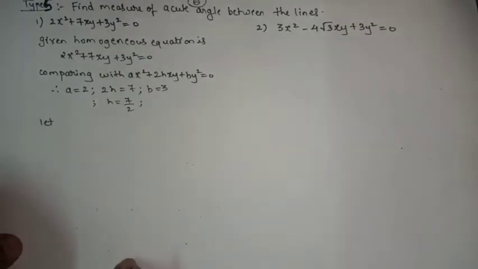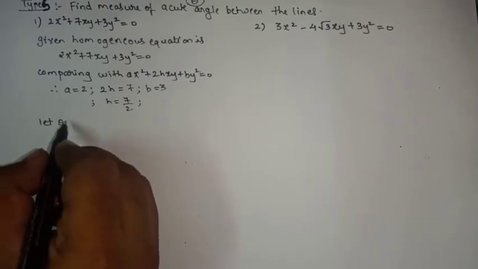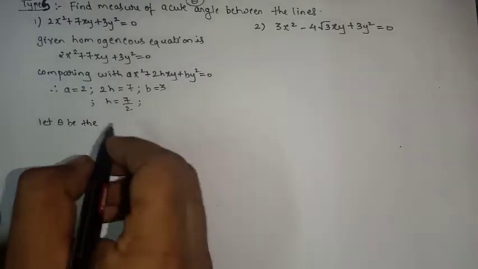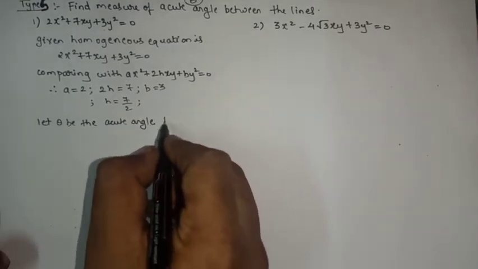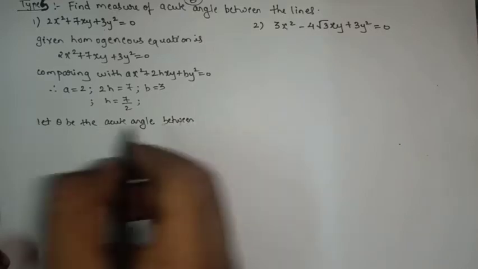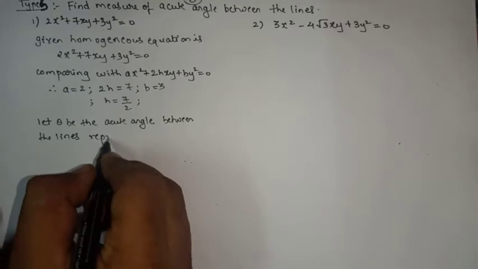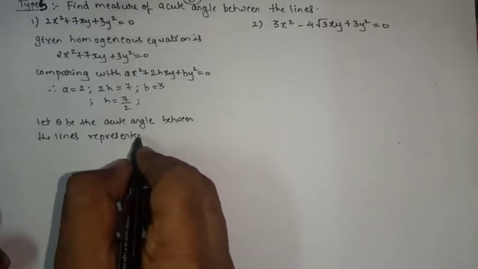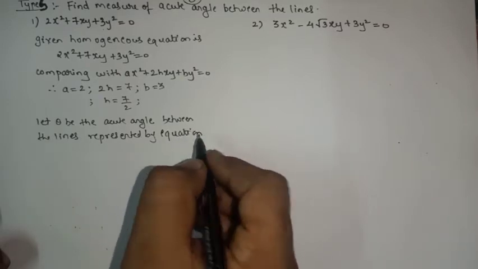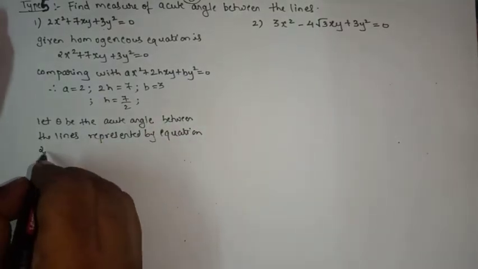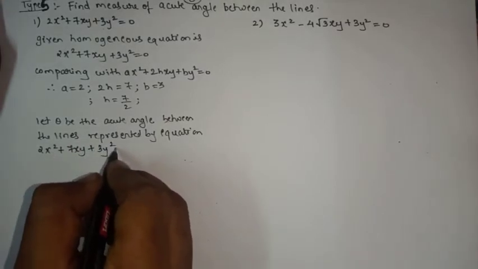So in the initial step we'll consider: let theta be the acute angle between the lines represented by the equation 2x square plus 7xy plus 3y square equals 0.